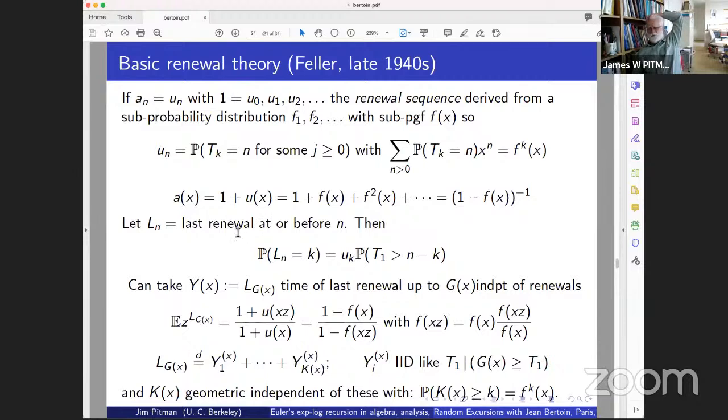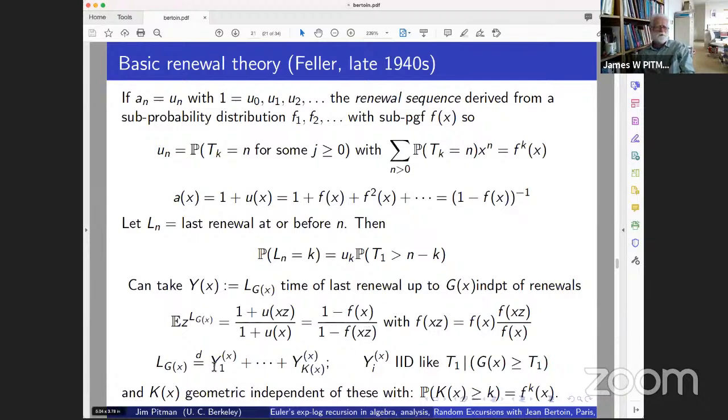So if we look at the last renewal before time n, then we can simply write down the distribution of the last renewal at time n. You've got to have a renewal, and then a renewal spacing has to be bigger than what's left. And if you sum that over k with an x to the k, you learn that the time of the last renewal up to a geometric independent time is going to have this power series distribution, and you can write the generating function like this.